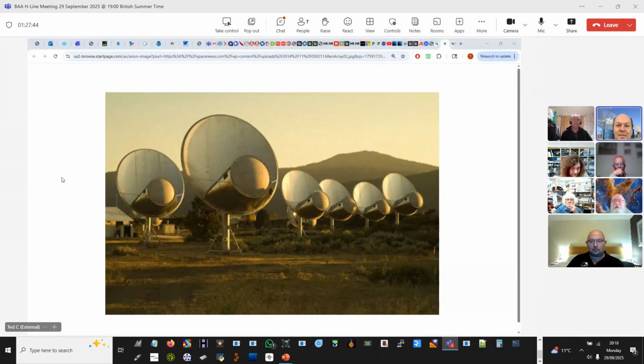So this is in that Allen array. I put a link in the chat. I visited one time. It was fun to walk around. They've got a bunch of posters up on the wall to tell you what's going on. It's interesting. They haven't found it yet, but those covers are mostly for temperature.